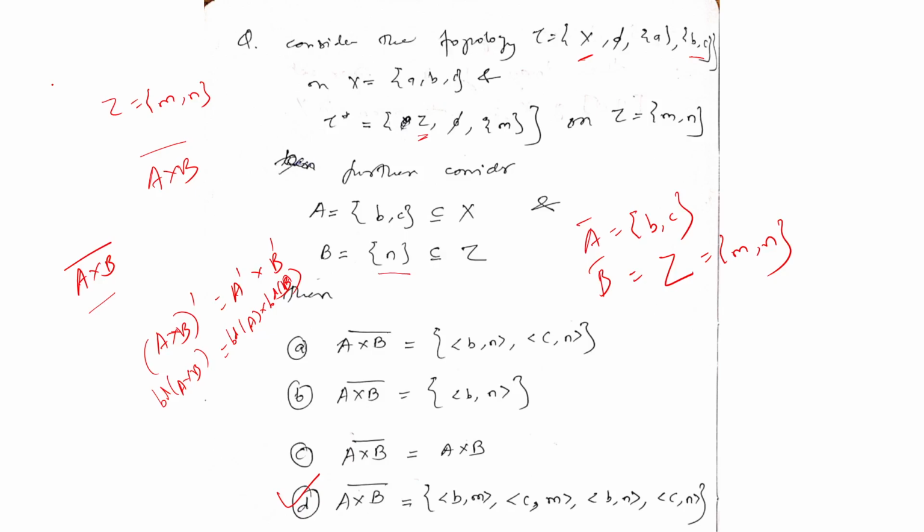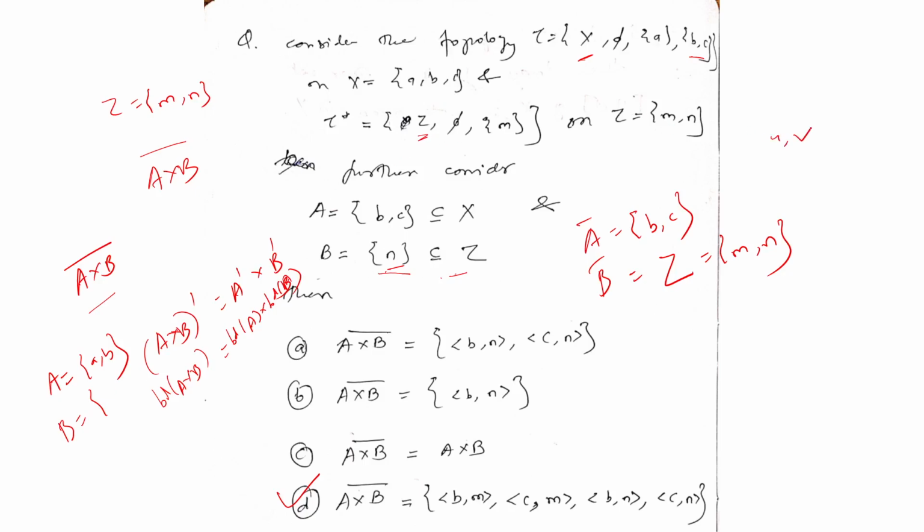What you have taken B as? B as singleton V. How can you take B? A should be a subset of another set, no? A is equal to A comma B, yes ma'am, and B is equal to singleton V. But you have to take this from another set, no?